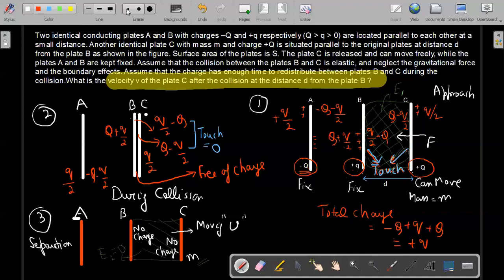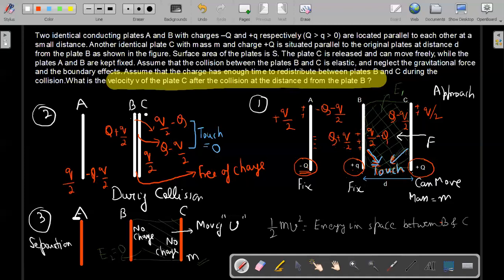And therefore, the energy of plate C, which is kinetic energy, can be written as half small m v square, and this will equal the initial energy in the space between plate B and plate C. And the energy in the space between two parallel conducting plates can be obtained by the capacitor relation.